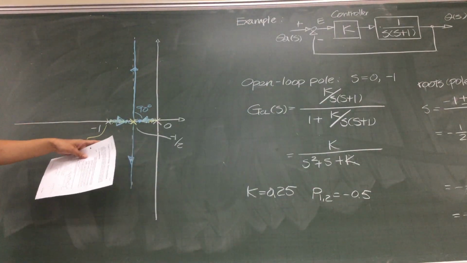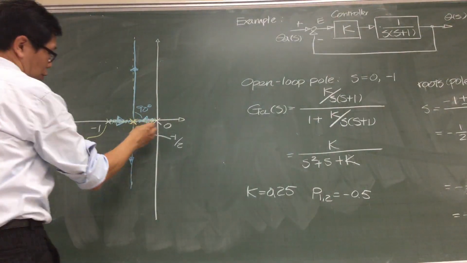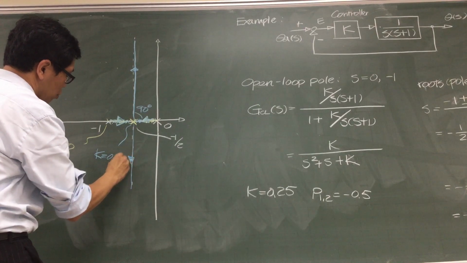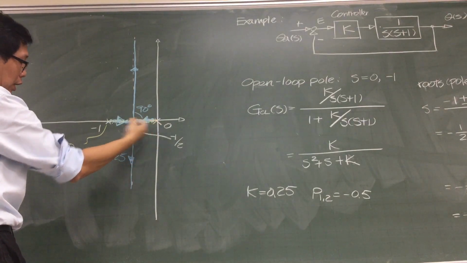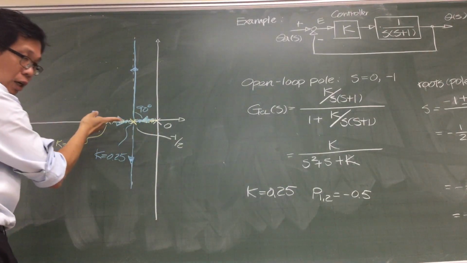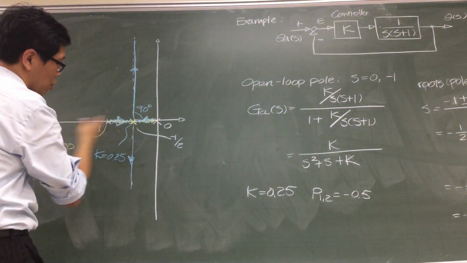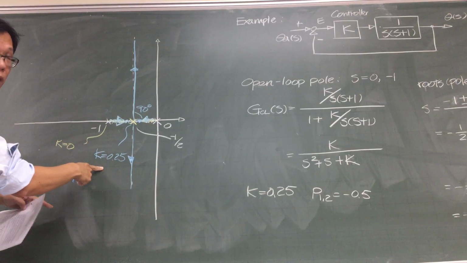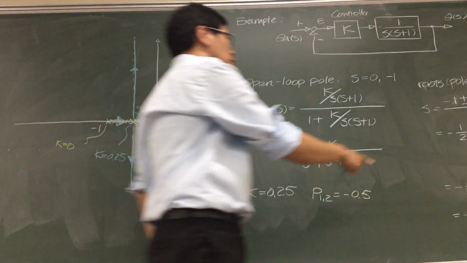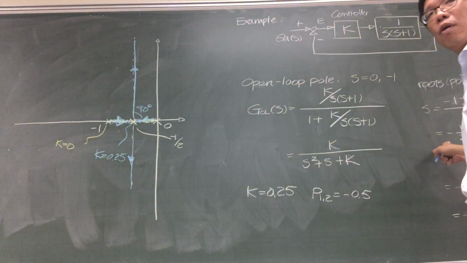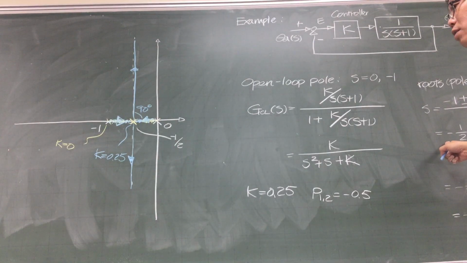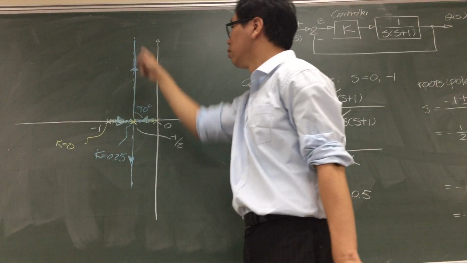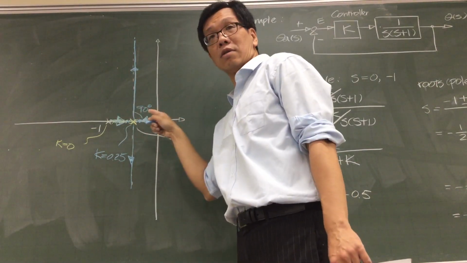So this is going to be the locus we have, with k equals 0.25 at the break point. We start from k equals 0, and as k gets greater and greater, the poles move towards each other. Once they reach a certain value, they start to break away, because the poles change from real poles into complex poles. When they change from real to complex poles, they leave the real axis.